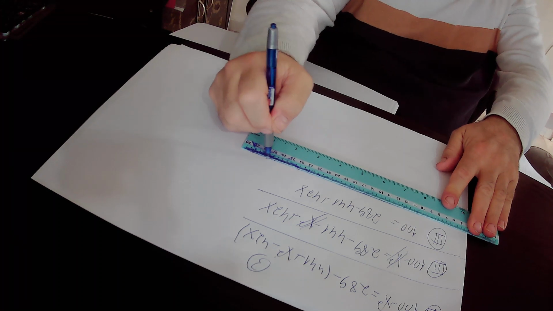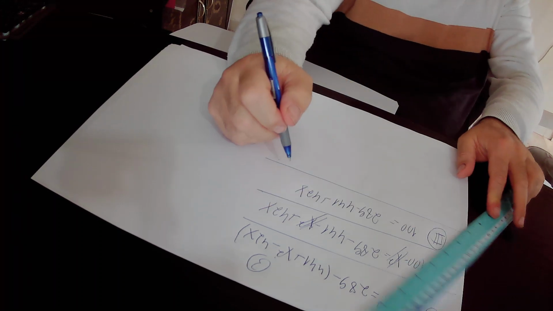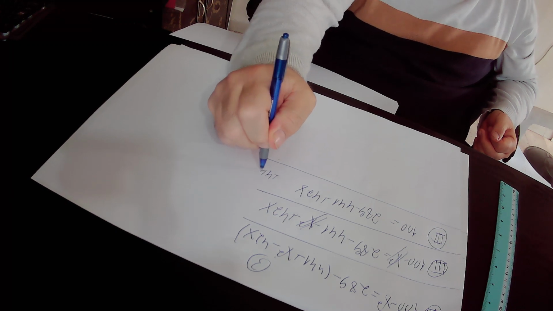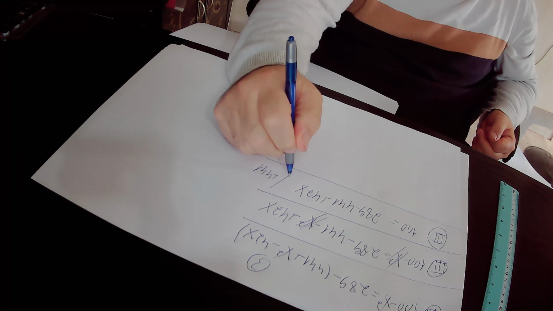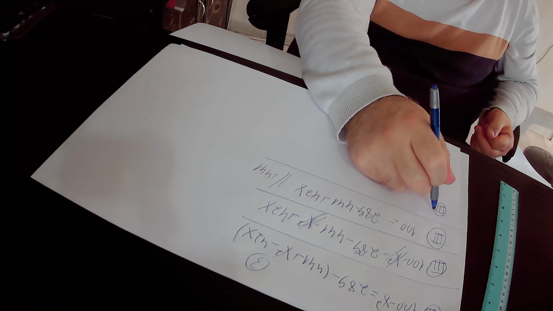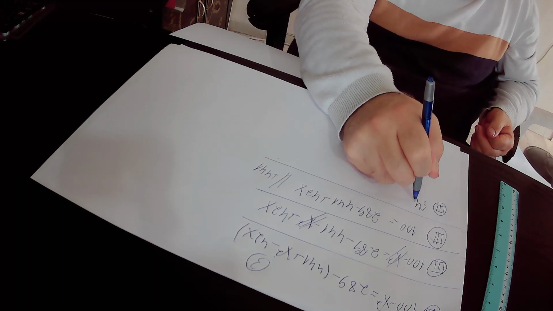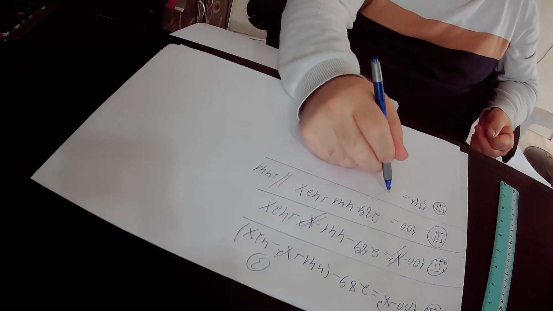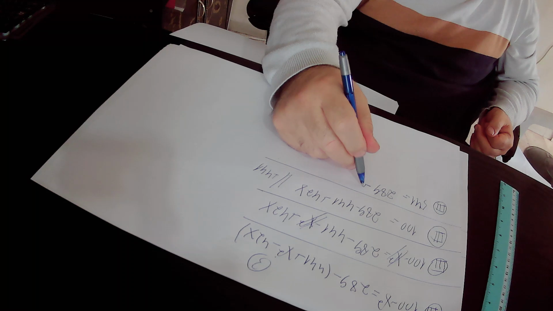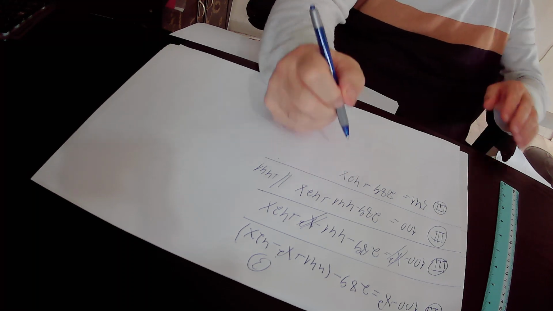So here we add 441 to equation 3, and according to this equation, 100 plus 441 is 541, and this equals 289 plus 42x.